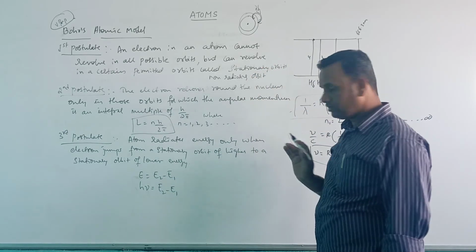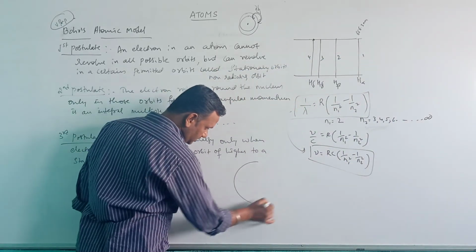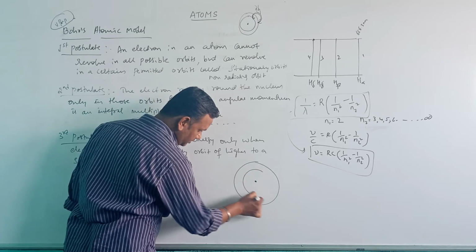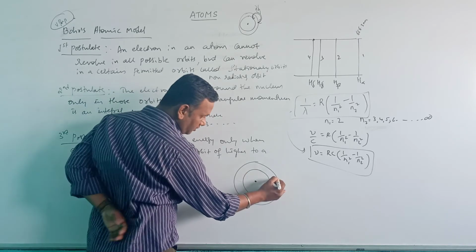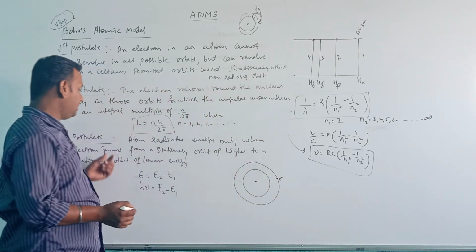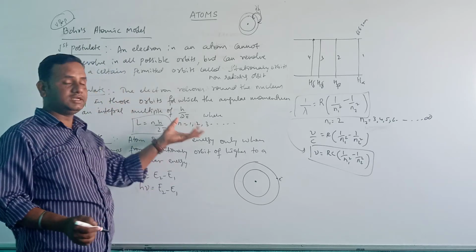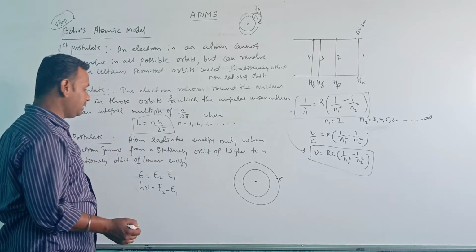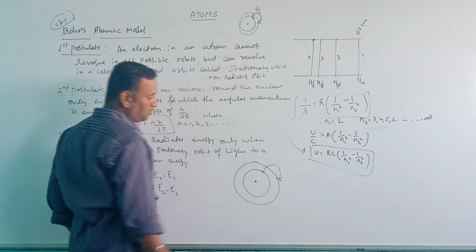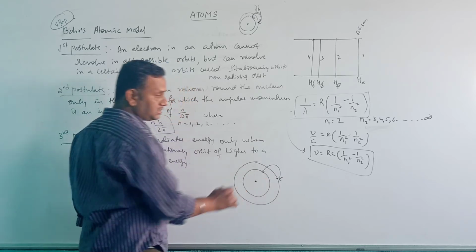The energy of the emitted photon is equal to the difference between the two energy levels. Say this is our atom, and here the electron is in the higher orbit. The atom radiates its energy only when the electron jumps from a higher stationary orbit to a lower stationary orbit.